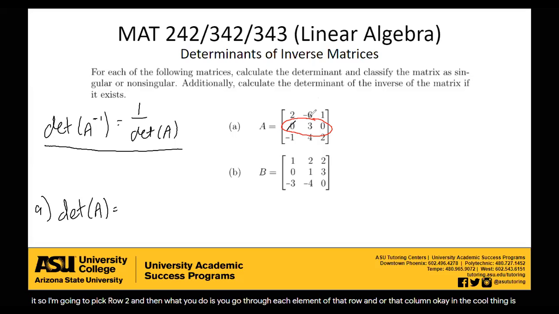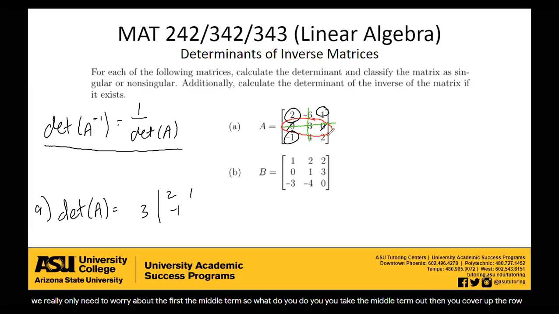So we can skip over this term, and we really only need to worry about the middle term. You take the middle term out, then you cover up the row and the column that term exists in, and you write out the matrix that's left over. We're left with a 2, a 1, a -1, and a 2.